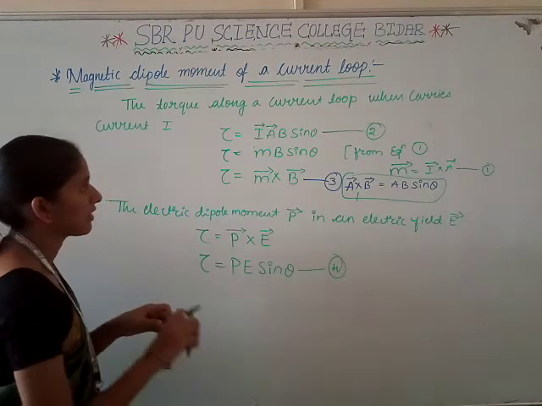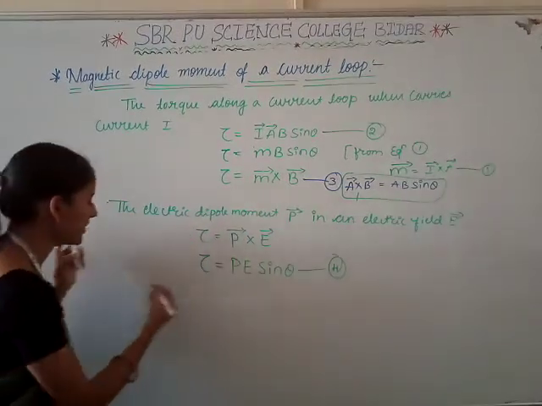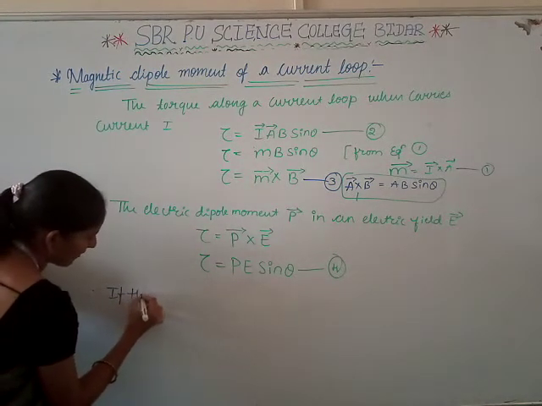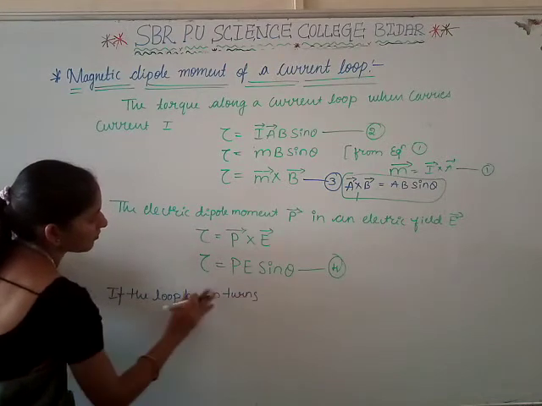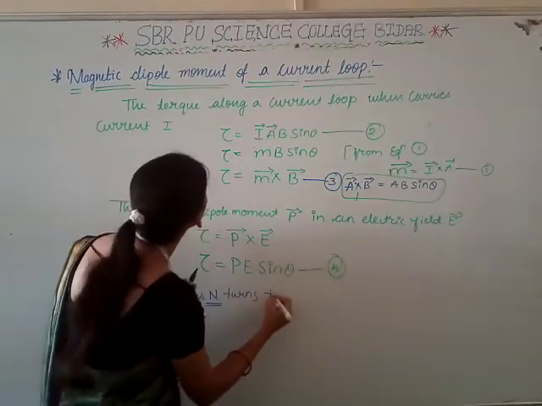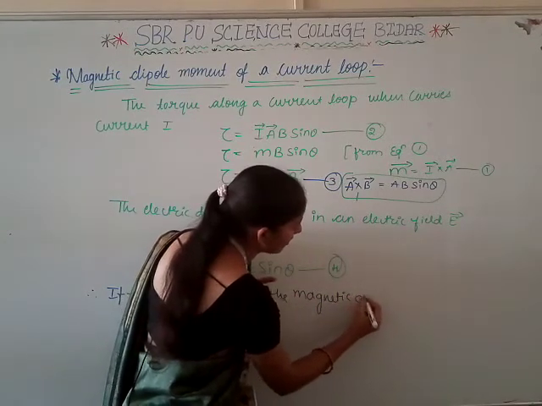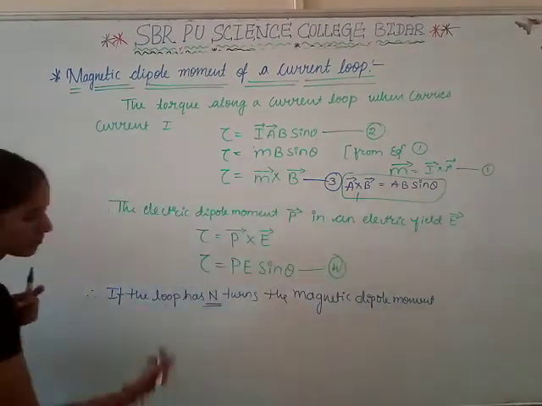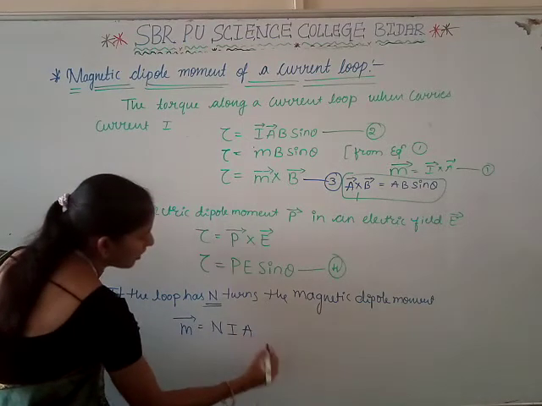If we are considering a current loop having n number of turns, therefore if the loop has n number of turns, the magnetic dipole moment M is equal to n, the number of turns, into current I into area vector A here.